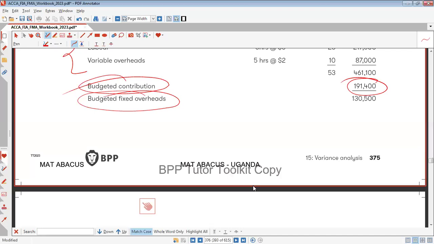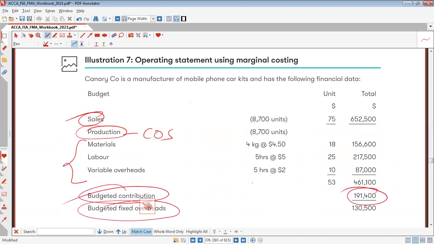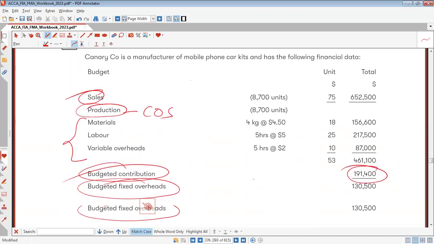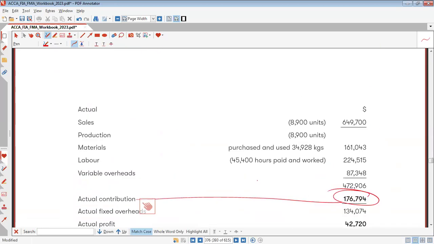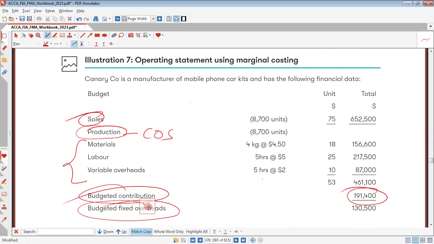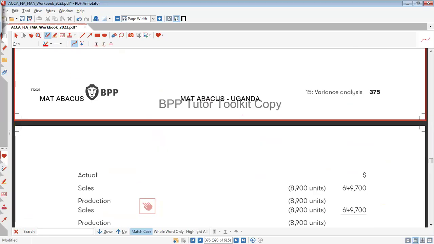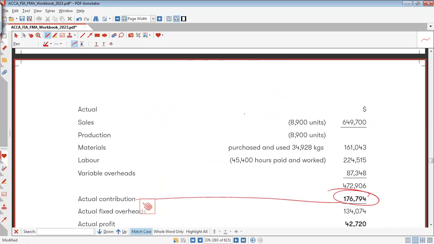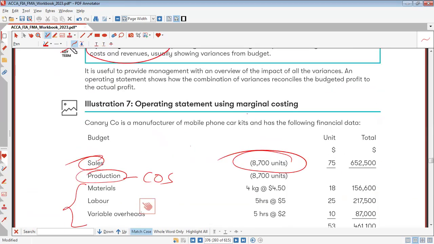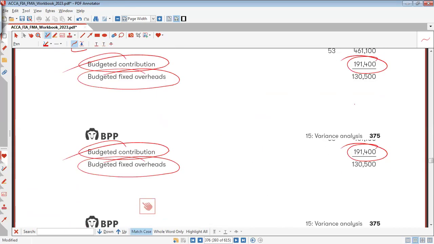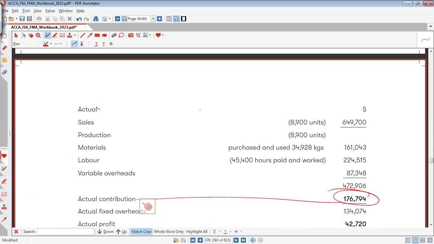You don't start babbling about the economy; you go into computation of these figures and start comparing. For example, we budgeted to sell 8,700 units, but actual sales were 8,900.